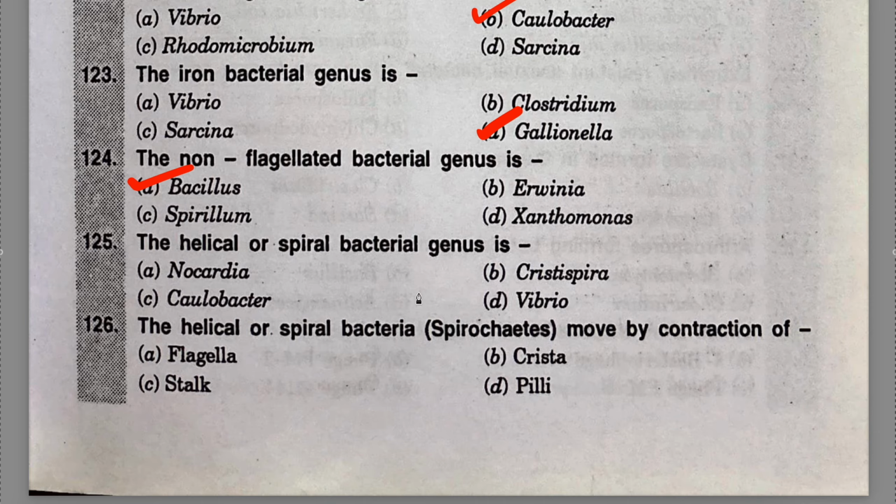Answer option B. 126. The helical or spiral bacteria move by contraction of flagella, crista, stalk or pili. Answer option B.